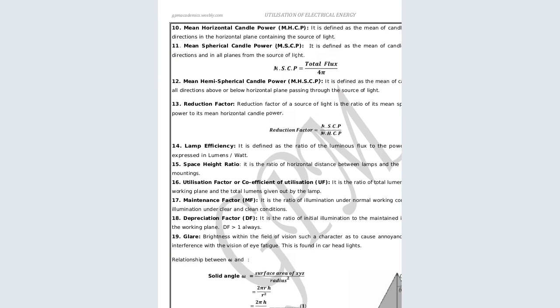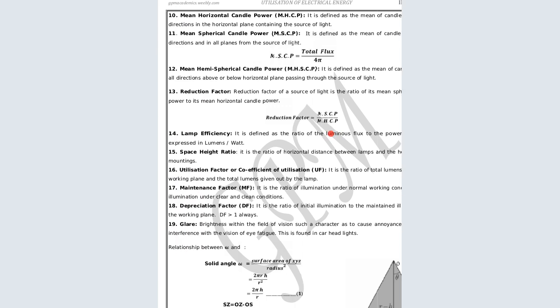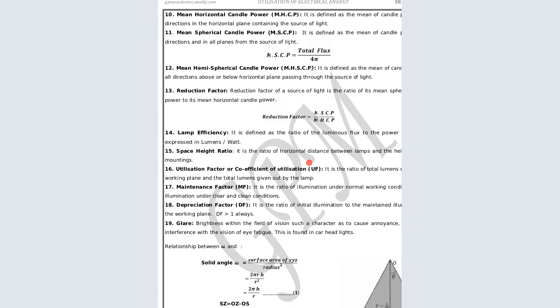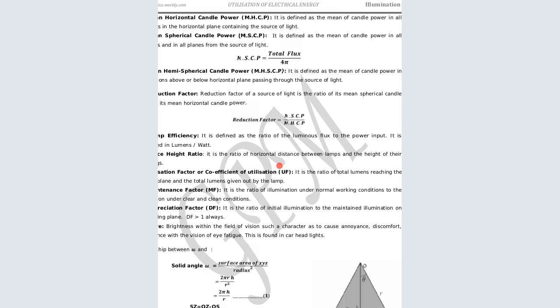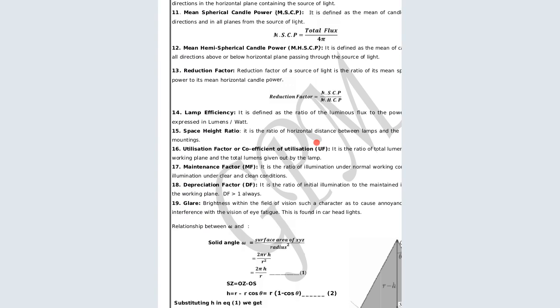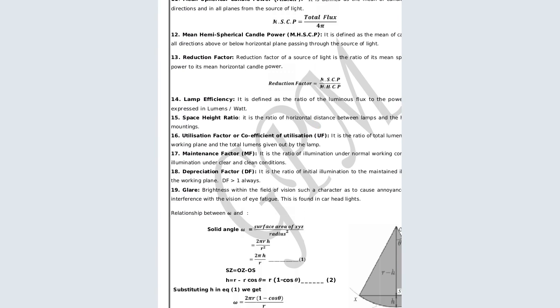The mean hemispherical candela power is defined as the mean of the candela power in all directions above or below the horizontal plane passing through the source of light. Reduction factor of the source of light is the ratio of its mean spherical candela power to its mean horizontal candela power. So you can see the calculations there.